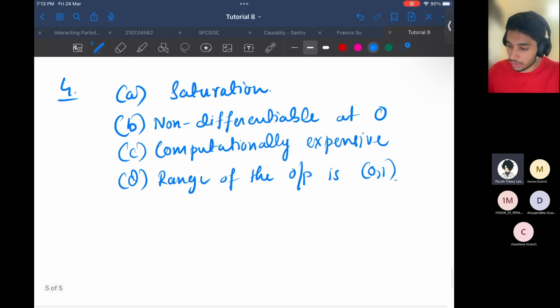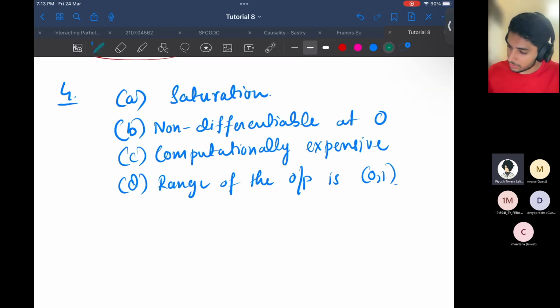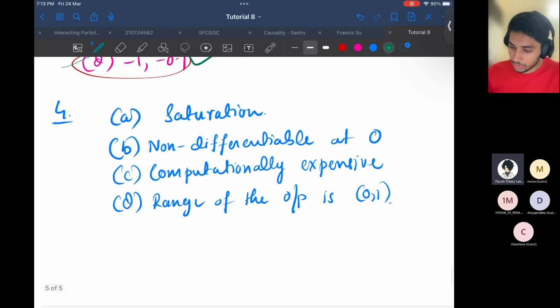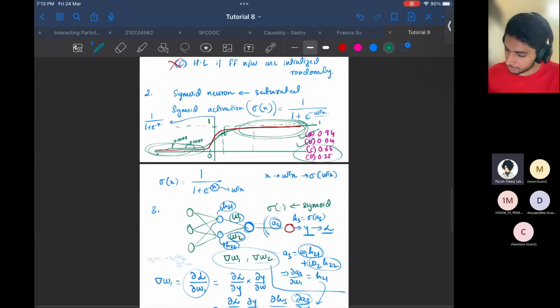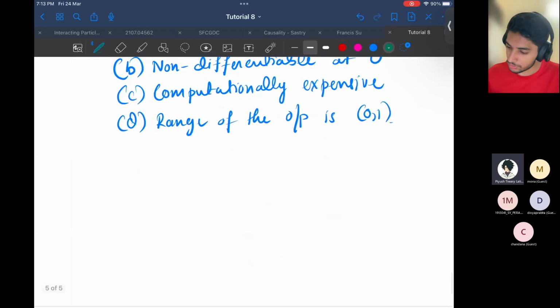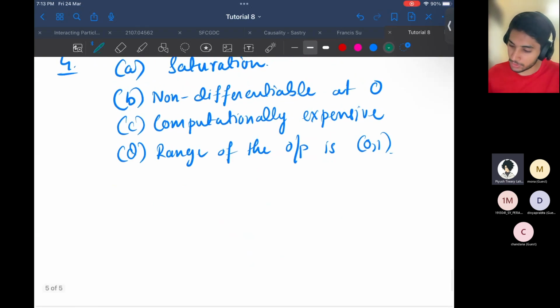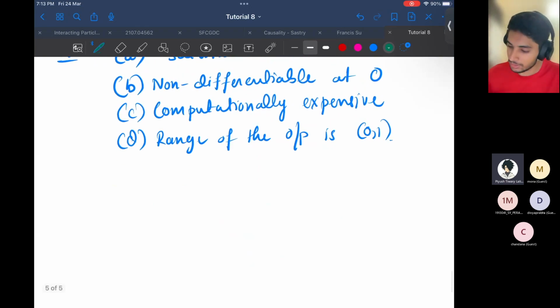First of all, let's see, are all of these properties correct? For the first option, what do you think? Is this undesirable? Yes, saturation is undesirable. We just saw what saturation is, but we didn't see why it is undesirable.